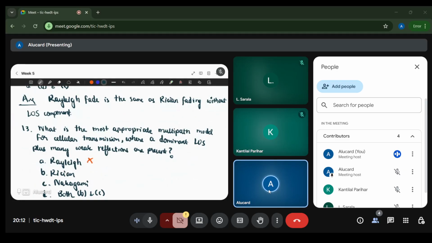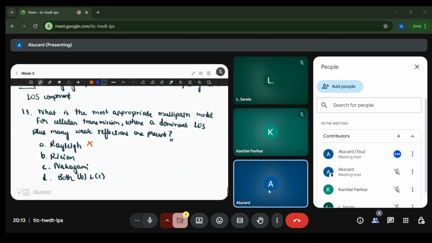Rician is a distribution in which there is a strong line of sight component. In Rician fading there is a line of sight component, so you might be able to do it. You'll go back and check in your lecture videos.